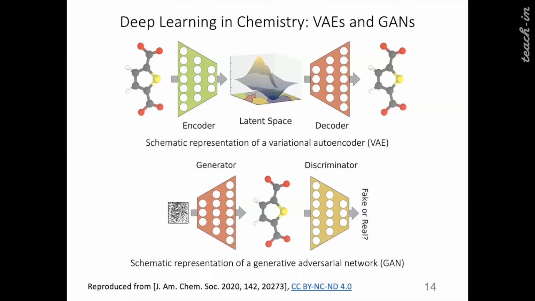And also we can speak of generative adversarial networks. And we are going to mention one work in the field of GAN application in chemistry in our last lesson.